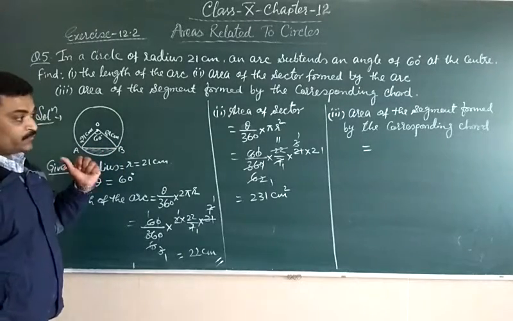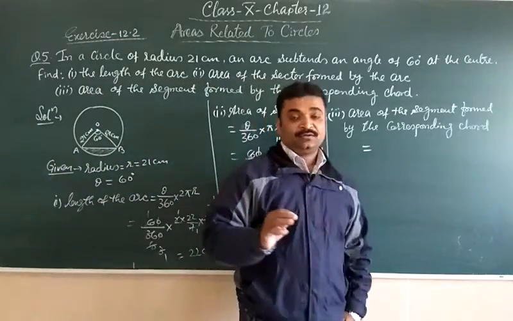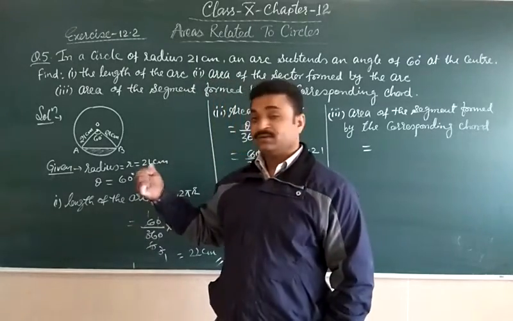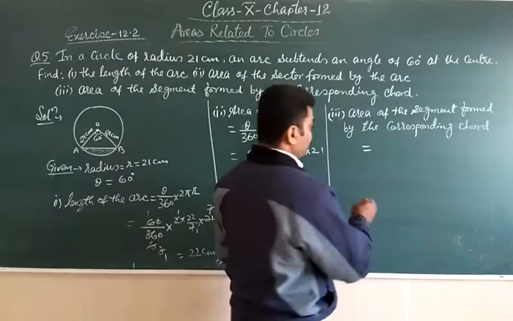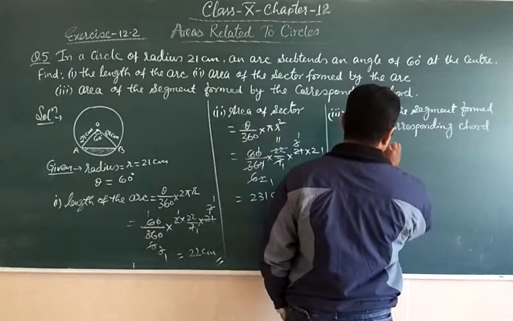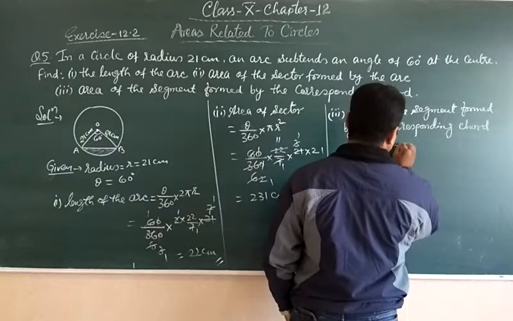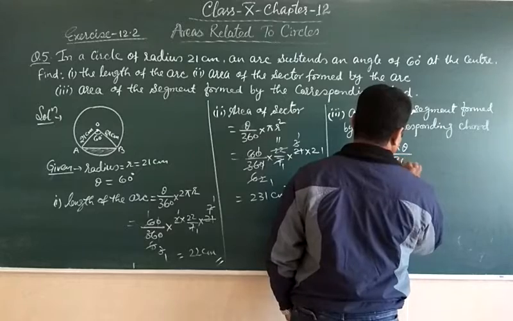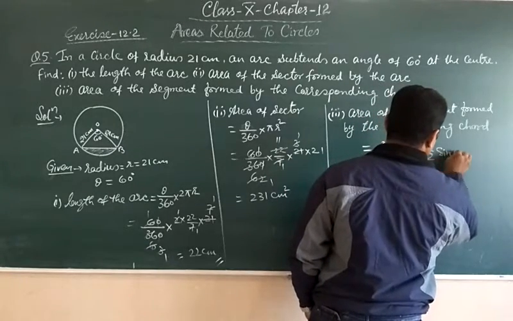Students, here we use one formula which will make it easy to solve any question of this type. Clear? So the formula is r square into pi theta upon 360 minus 1 upon 2 sin theta.